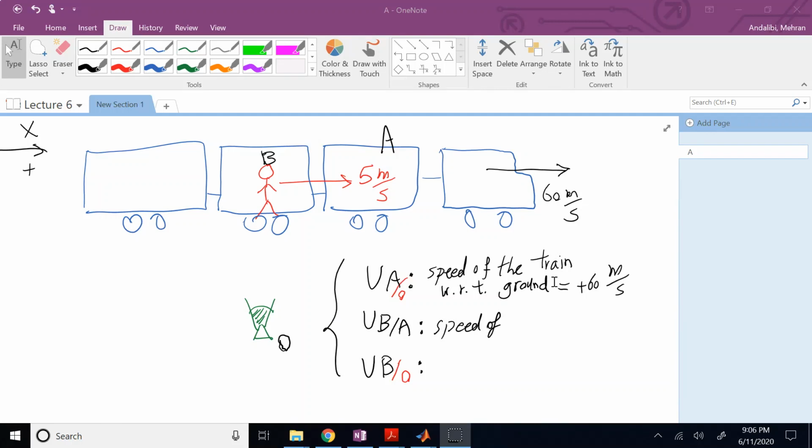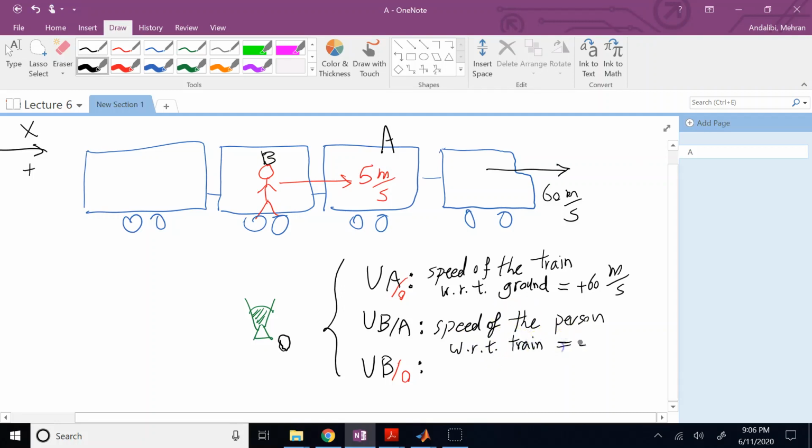Then V of B with respect to A is the speed of the person with respect to the train, and again it's to the right side, so it is going to be positive 5. Now V of B with respect to O, which is the unknown here and we have to find it, is the speed of the person as measured from the ground sensor, from the camera.